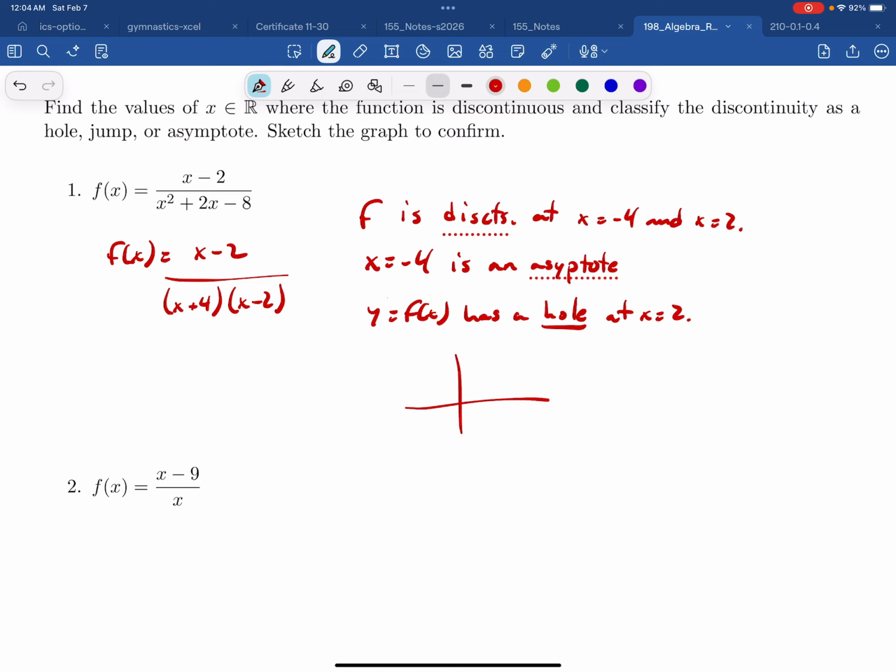Negative 4 is going to be all sorts of problematic, right? We're going to have this, then we might have this, and then at 2, we're going to have this. We're going to keep going, right? Because f is totally fine at every other point, aside from negative 4, of course, and 2. If we just cancel this out, we're totally fine, right? So we have what we call a hole, okay?